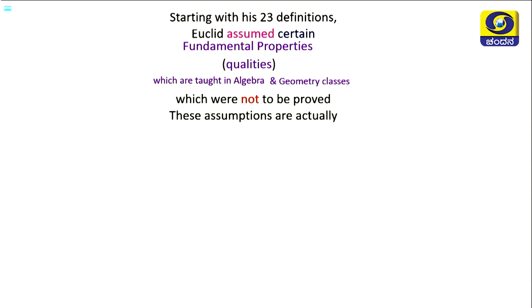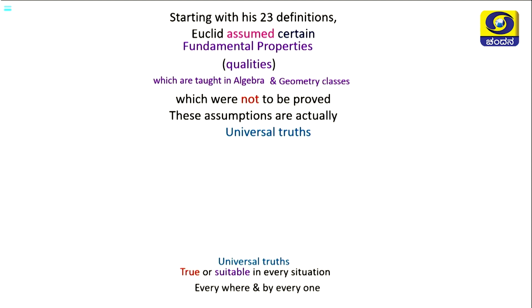And these assumptions are actually universal truths. Universal truths means true or suitable in every situation and everywhere by everyone. In fact, this is called an obvious universal truth. Obvious means that which can be easily understood.